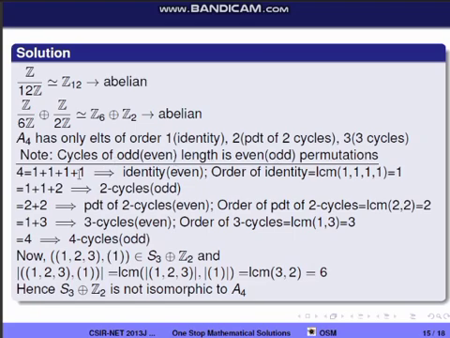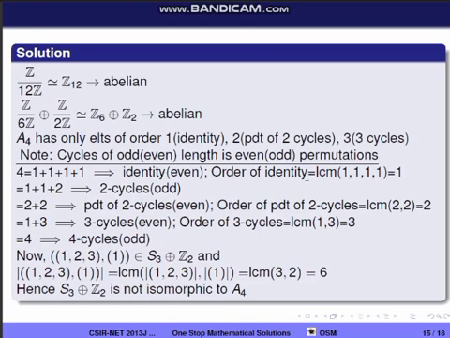So I am just telling how I found this. Now we have to write the partitions of 4. So 4 can be partitioned in 5 ways. The first is 1 plus 1 plus 1 plus 1, which represents the identity permutation. This is of odd length, so this is an even permutation.